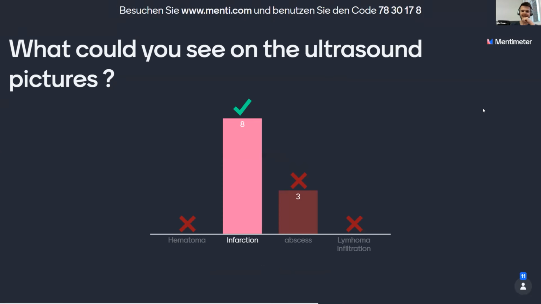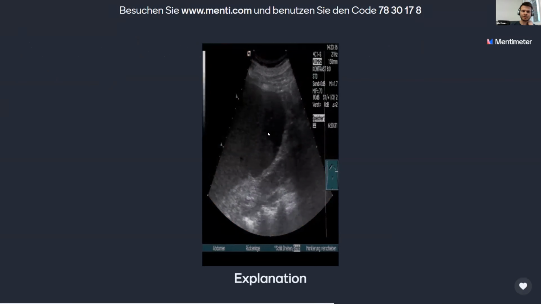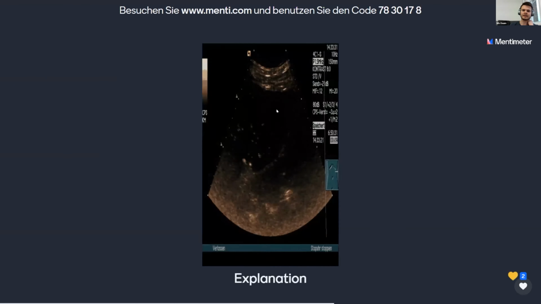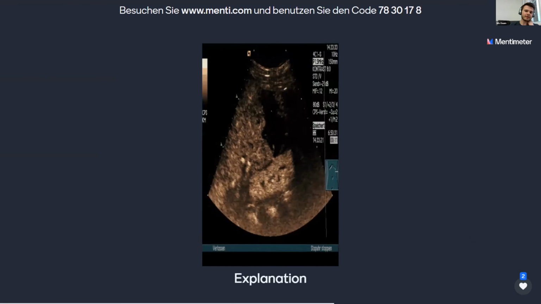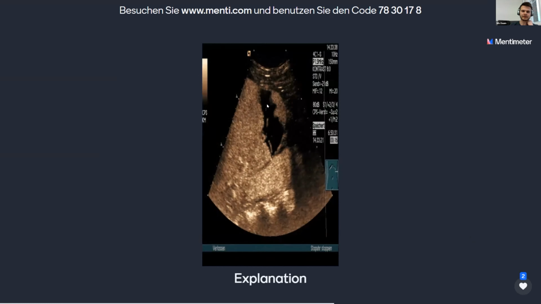Okay, 8 said it's an infarction, and you were totally right. We will have a look here, and you see there's no contrast ultrasound which flows into the spleen here. So you had an infarction directly in the spleen, and so you don't have any vessels, so that you have no reflection directly in the spleen.